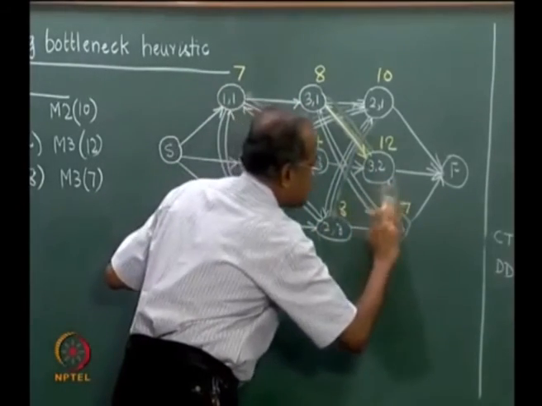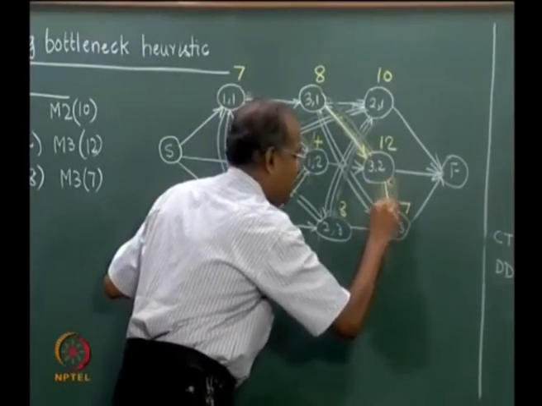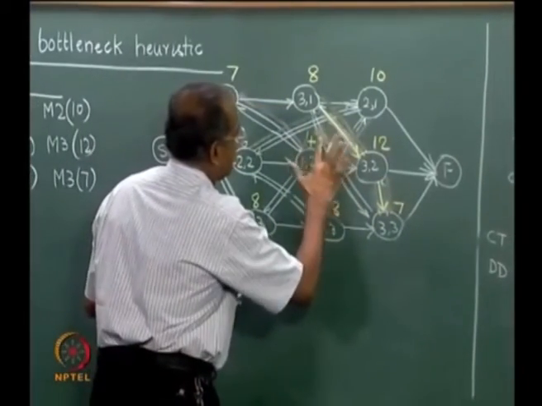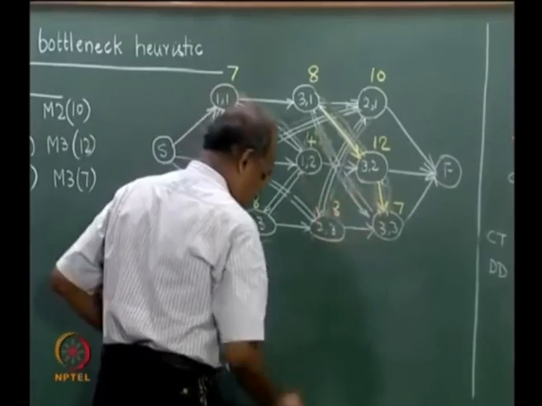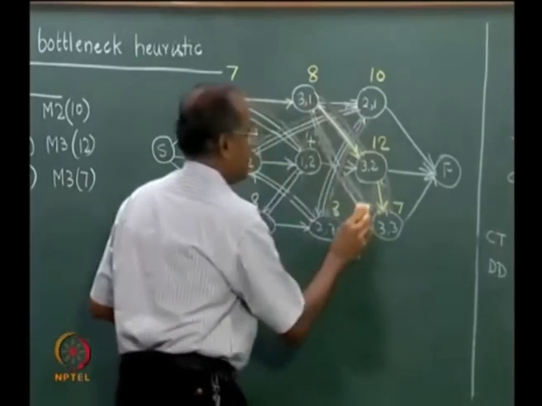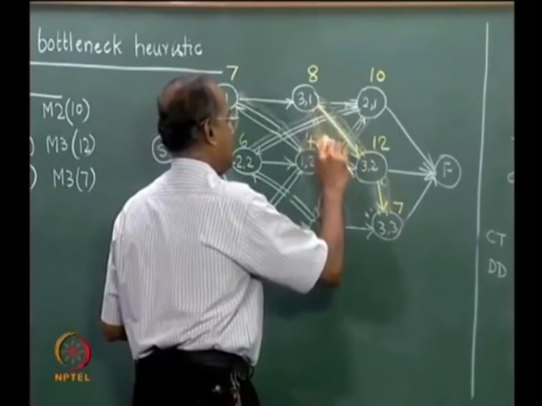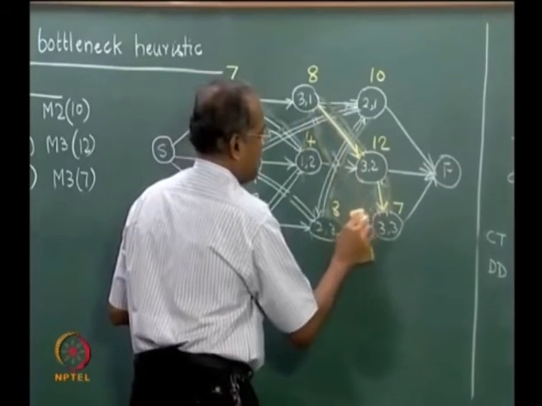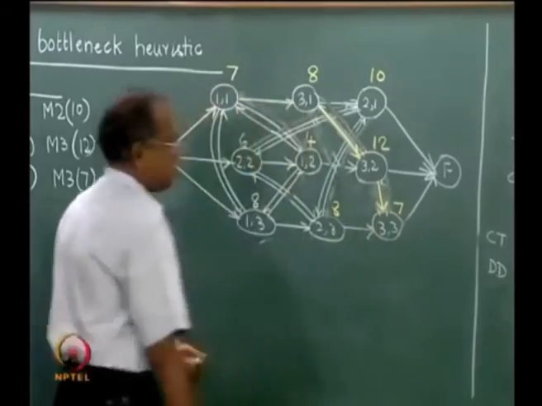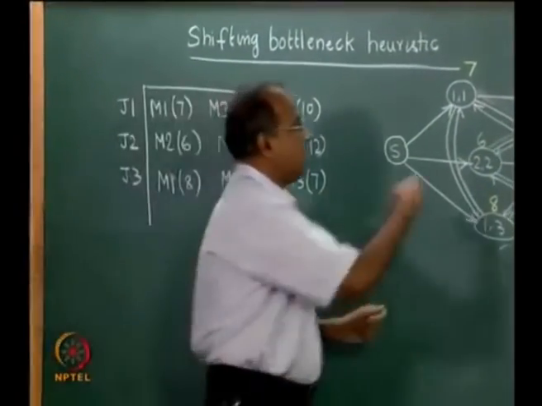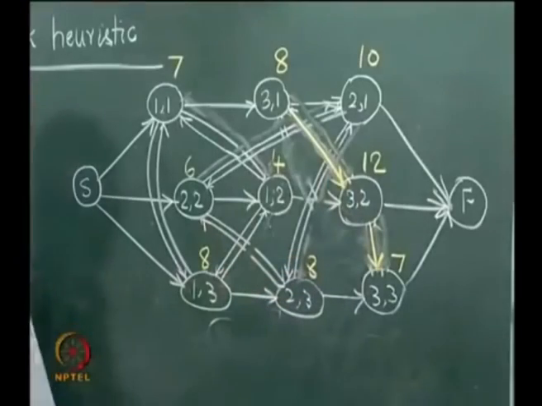We replace these two arcs with one arc here, and then we leave out these two arcs because they are not used at all. So we have this. So now we have identified for M3 what is the correct set of arcs.